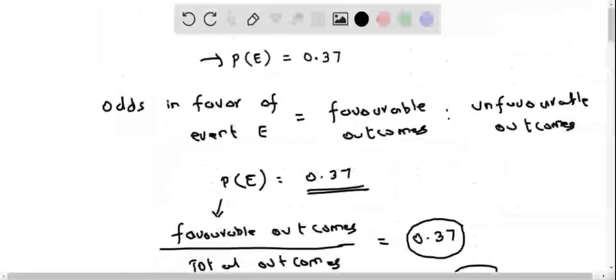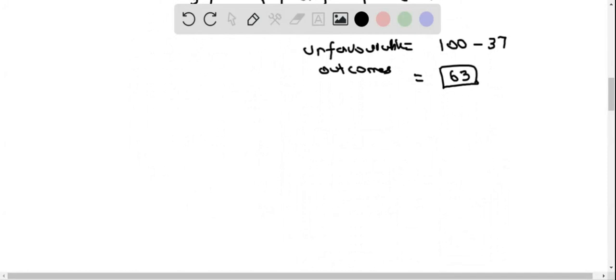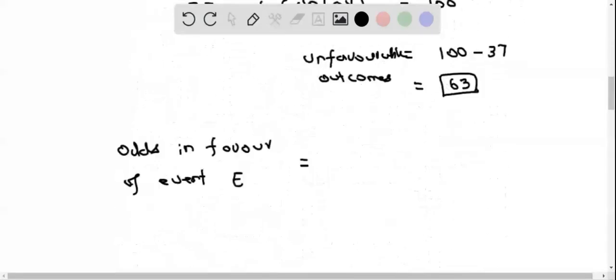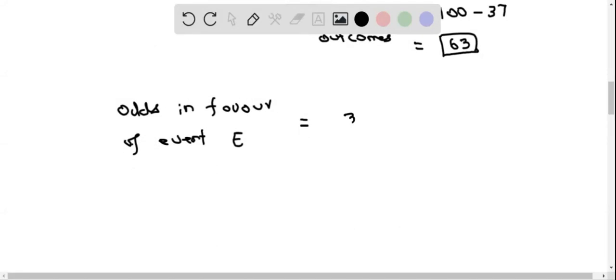Therefore, according to the odds in favor of event E formula, we can now write odds in favor of event E equals favorable outcomes to unfavorable outcomes. The favorable outcomes is 37, this is a ratio to 63, the unfavorable outcomes.